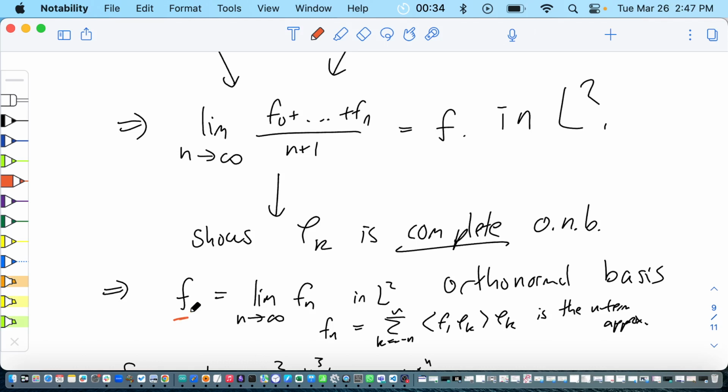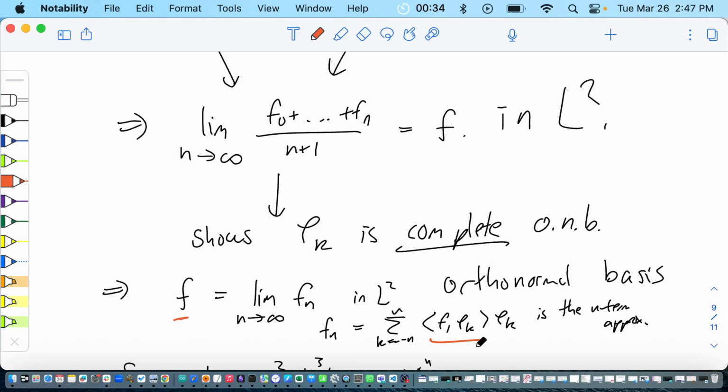If f is not in L2, so certainly if it's uglier than an L2 function, then nothing will make sense, because you're doing the inner product of f with phi k, and that only is well defined for sure if f is in L2. The reason we know f phi k makes sense is because we do Cauchy-Schwarz, and it's less than the L2 norm of f times the L2 norm of phi, and it's all fine. So if f is in L2 or nicer, everything works. If f is uglier than L2, then there's no hope for this working.